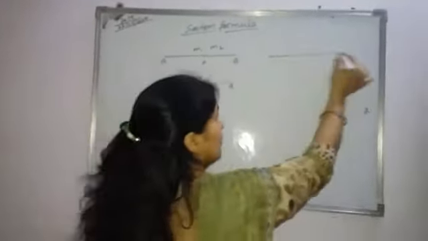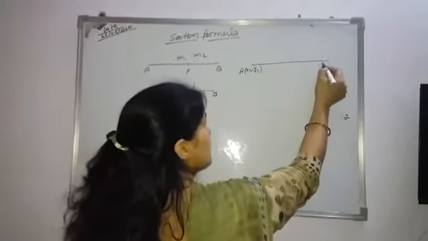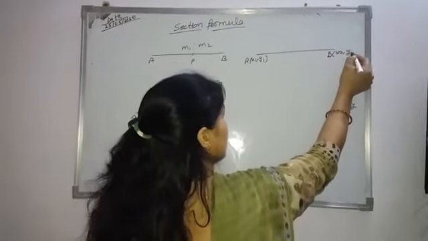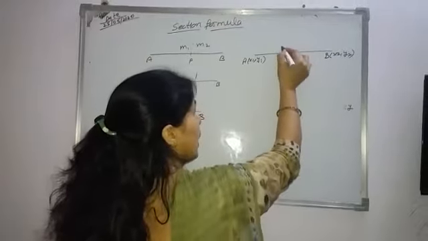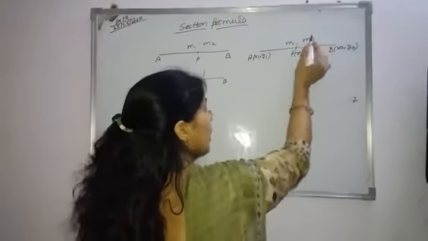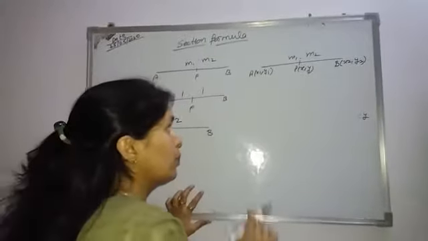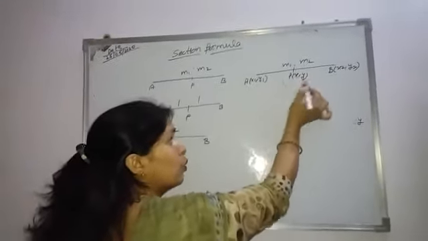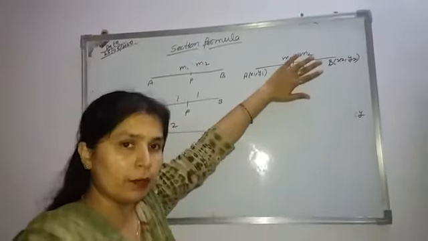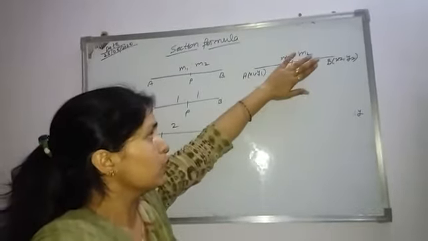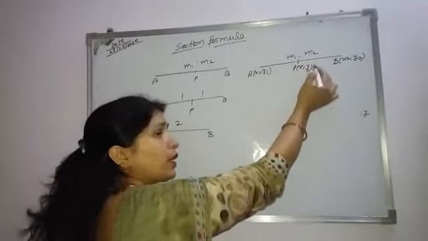Now in section formula, if A is a point (x1, y1) and B is a point (x2, y2), and P is a point (x, y), and P divides this line segment in the ratio M1:M2, we can find this point P. If the ratio M1:M2 is given to us, with the help of this ratio we can find this point.